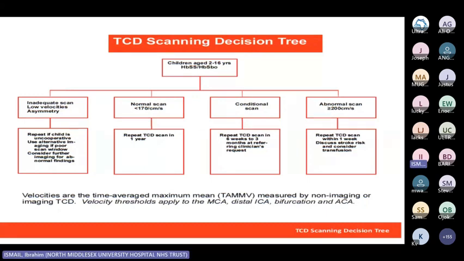I can't emphasize how important they were in shaping all our clinical and diagnostic treatment for patients with sickle cell disease. So normal scan, anything below 170, repeat within 1 year. Conditional scan, repeat between 6 weeks to 3 months, depending on if it's conditional or high conditional.